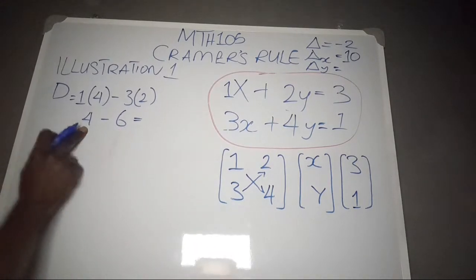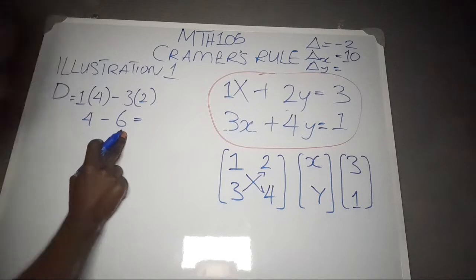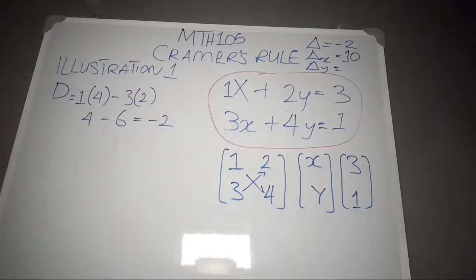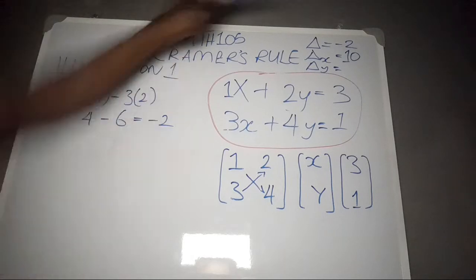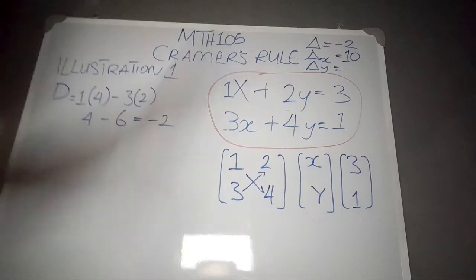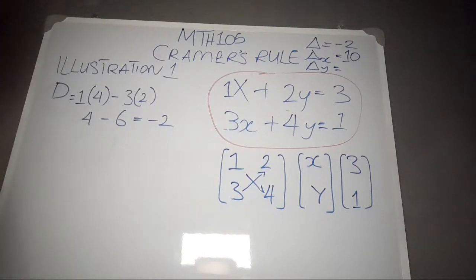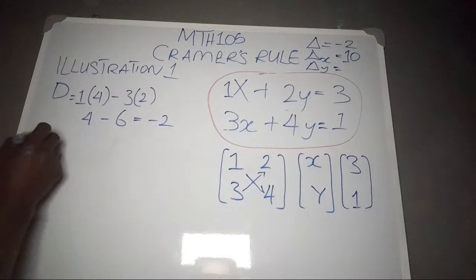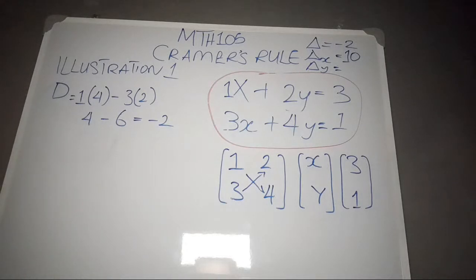So if you are owing somebody 6 naira, it's going to remain minus 2 naira that you are owing. That was how we got our determinant. Then after we have gotten the determinant, we look for the determinant of x and y. So to get the determinant for x, let me put that here.